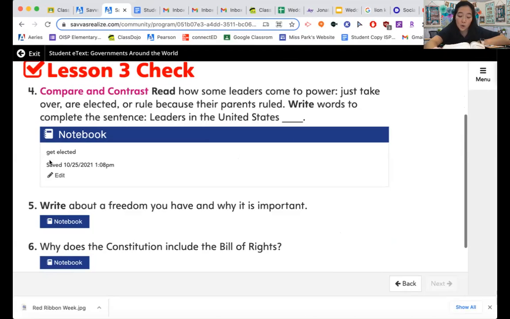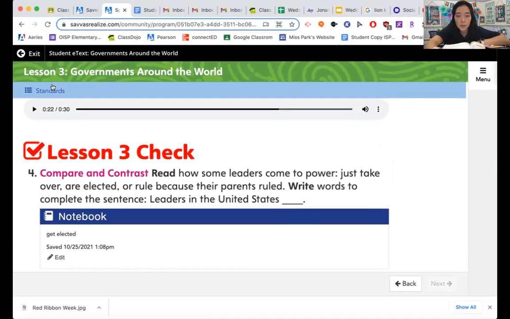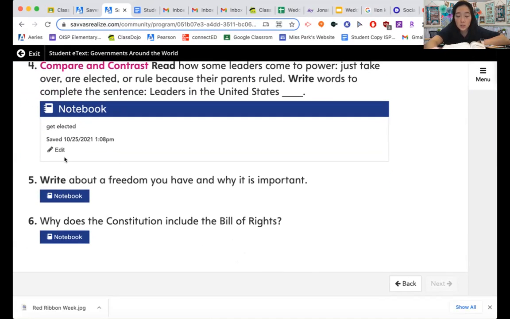Okay, number 5, write about a freedom you have and why it is important. So what are some of the freedoms that we have? You can go back to page 90 and 91 to see. Actually 91 in your books. The Constitution includes the Bill of Rights. It lists 10 rights that protect our freedoms and that are shared by all citizens.